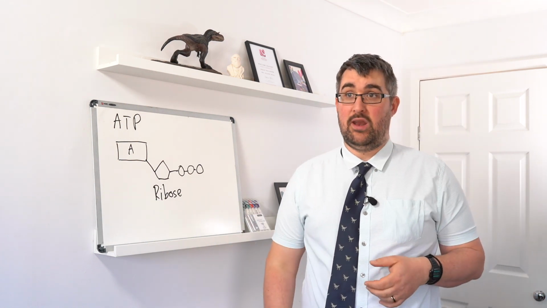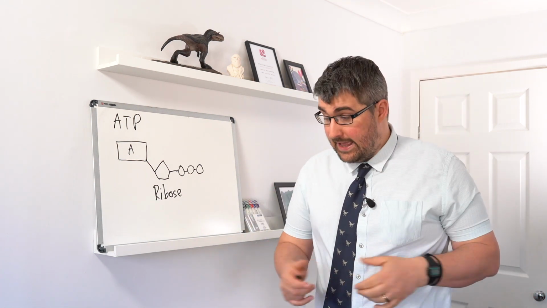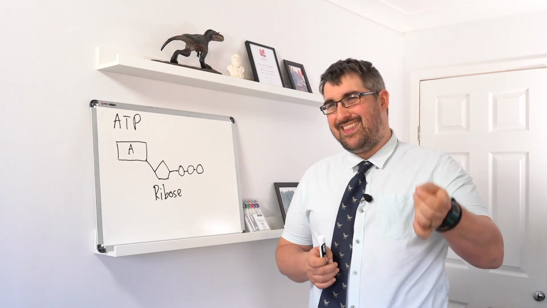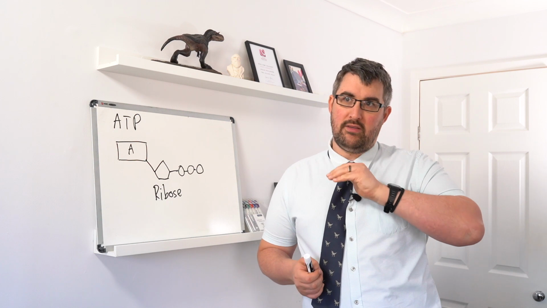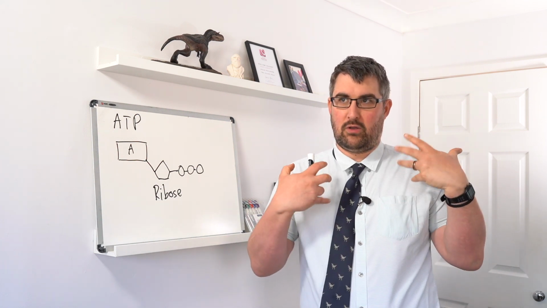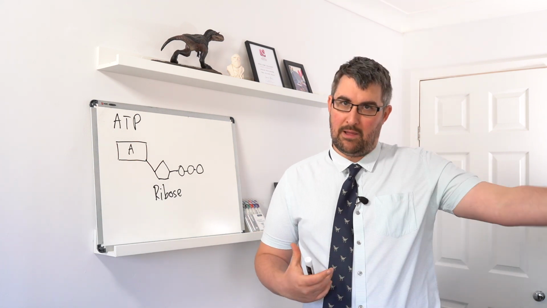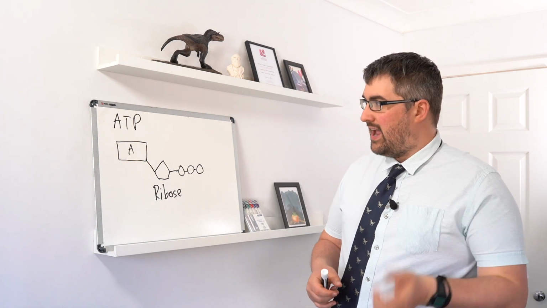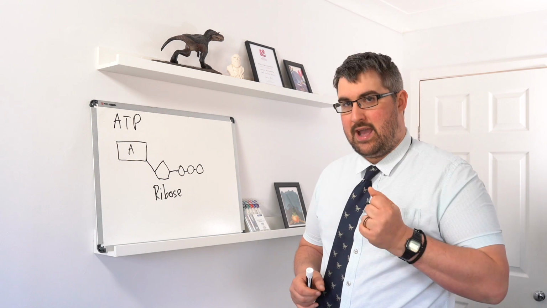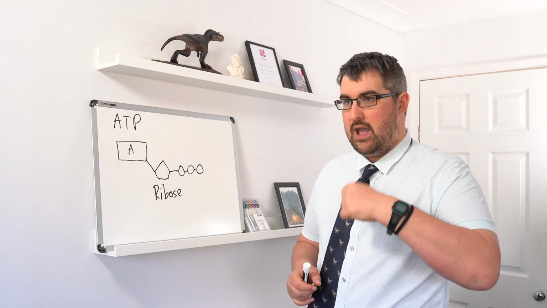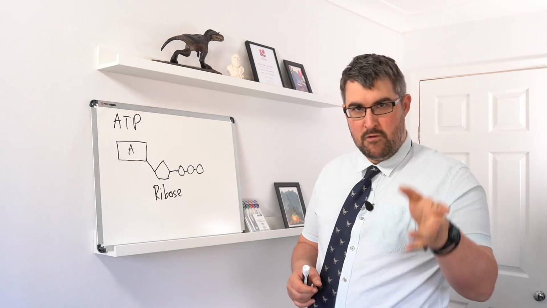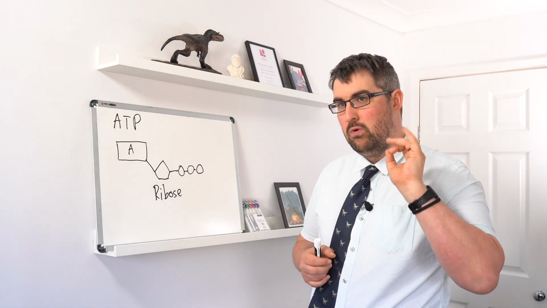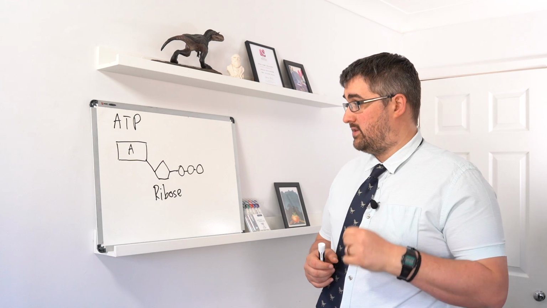It's got lots of potential energy in it, and it's our primary energy molecule. But in order to get the energy out of glucose, it requires a lot of complex enzyme-driven metabolic pathways, a lot of steps basically. Whereas ATP can provide an immediate energy source. It's a small molecule, it's soluble, it can move within the cell very easily, and it can release small, controlled amounts of energy.